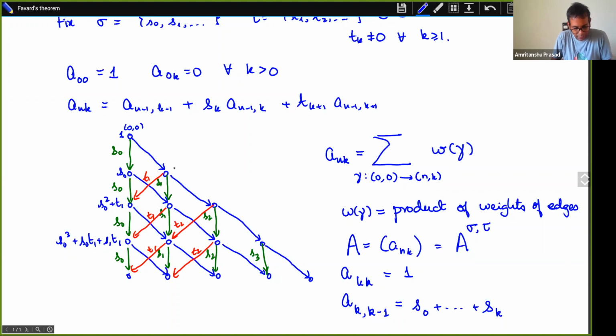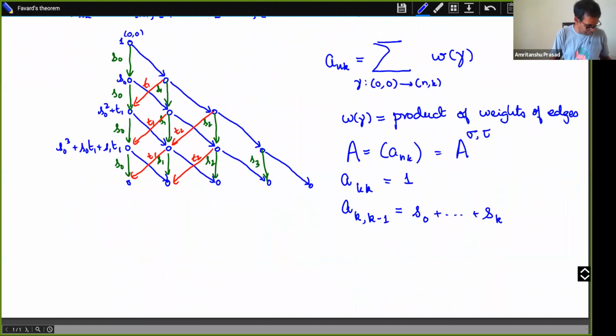Because the blue and red edges only connect nodes with the same parity of the sum. So in that case, if the S's are 0, half the entries will be completely 0.